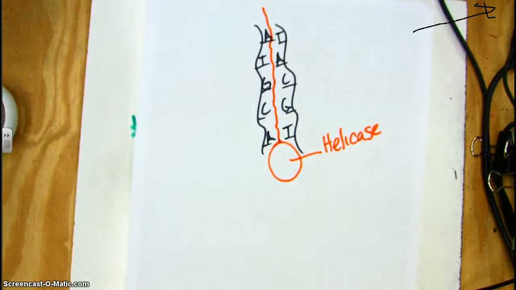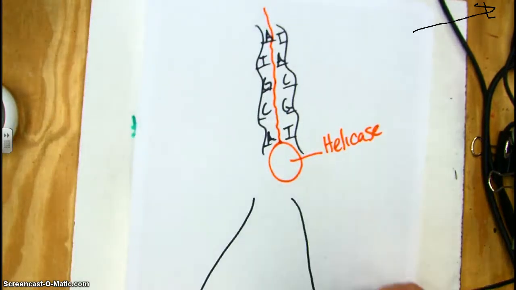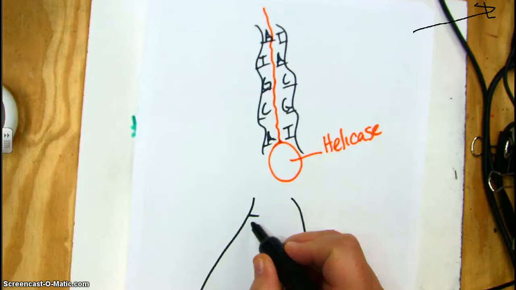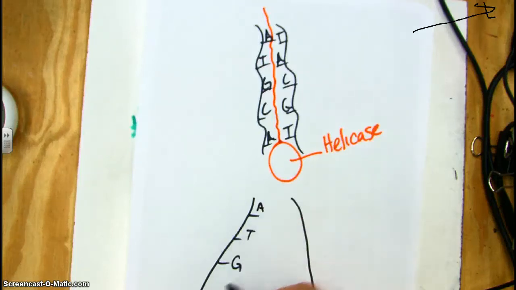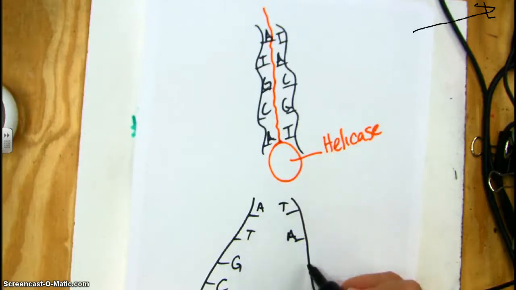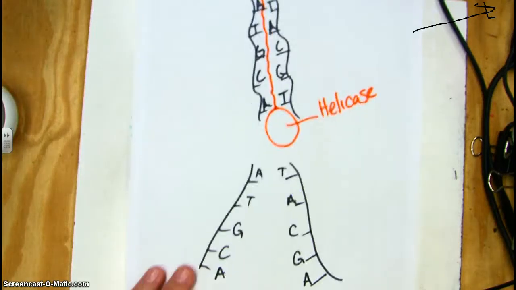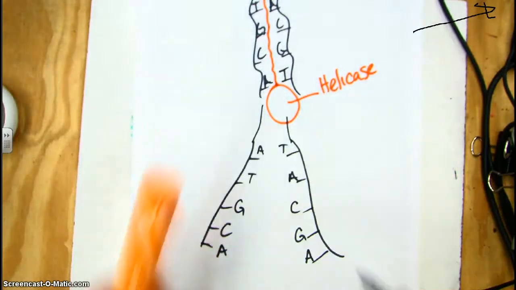So then you end up with a replication fork, which is where it opens up.